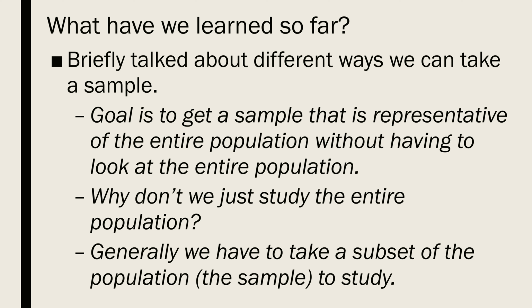Our goal is to get a sample that is representative of the entire population without having to look at the entire population. So why don't we just study the entire population? Usually it is too time-consuming or too expensive to study the entire population. Generally, we have to take a subset of the population, which is the sample, to study.